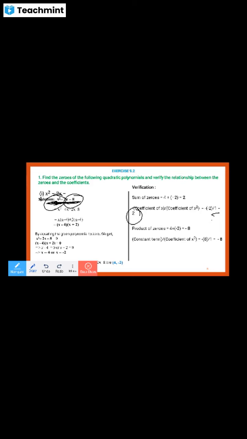So hence verified, because see here, in the equation x minus 4 is one zero and x plus 2 is another zero.